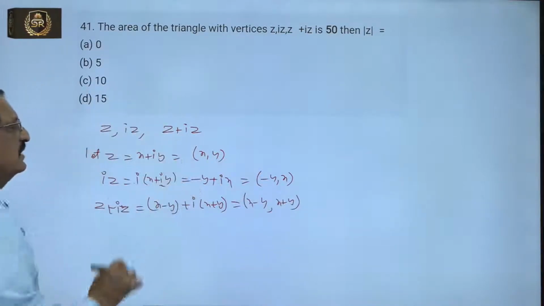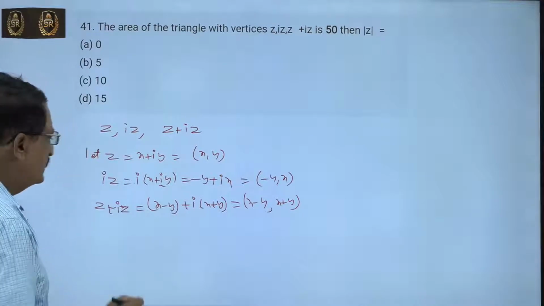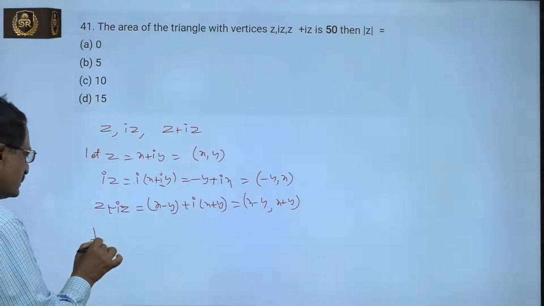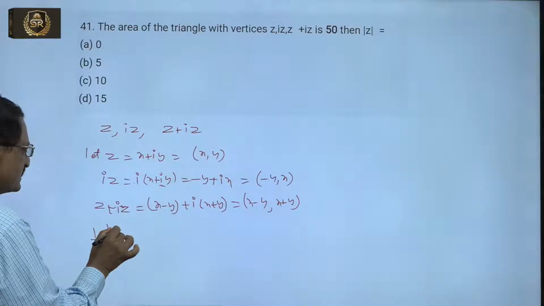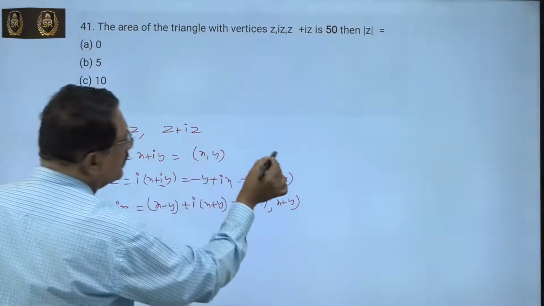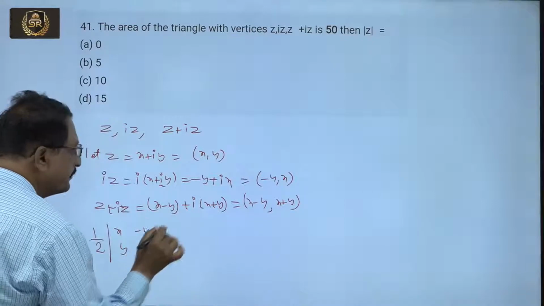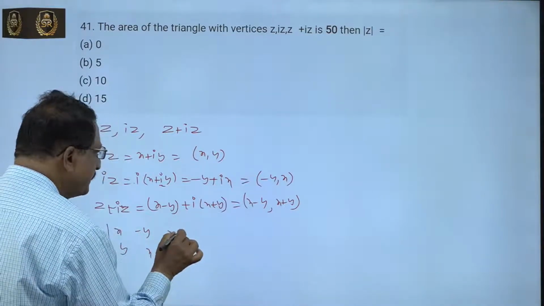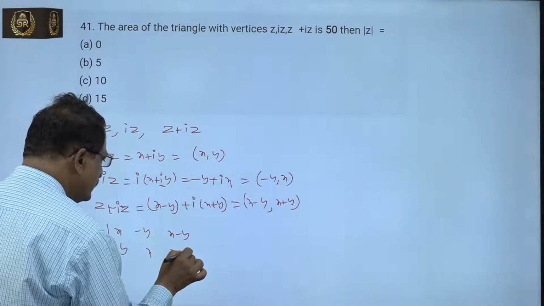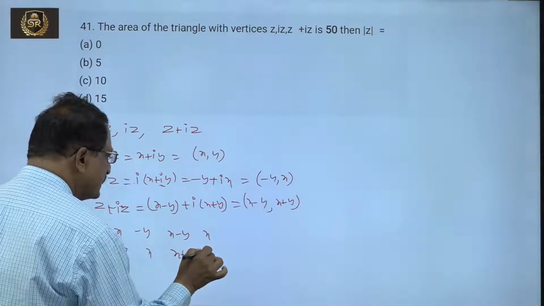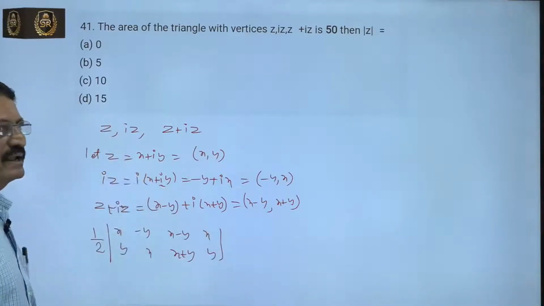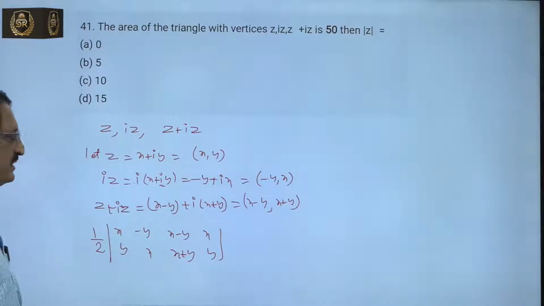Now the required area of the triangle with the three given vertices equals half into the modulus of the determinant with rows x, y; minus y, x; x minus y, x plus y. Repeat the first point (x, y). This is the area of a triangle in two-dimensional geometry.